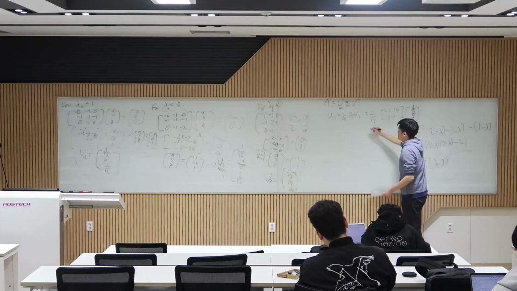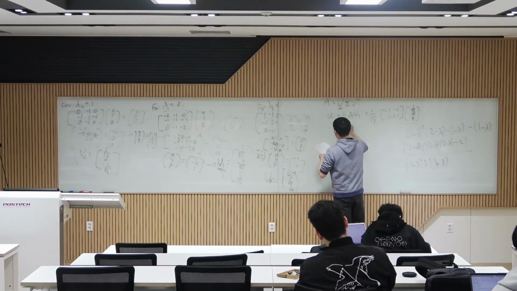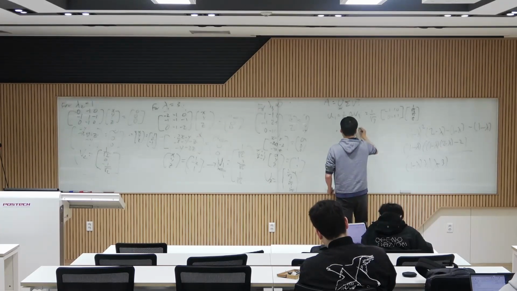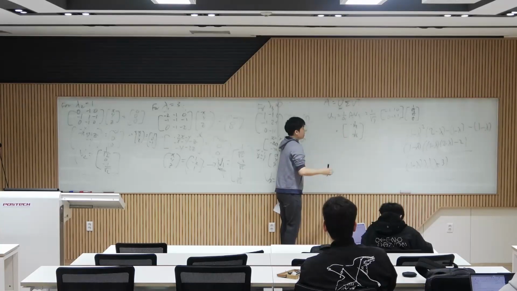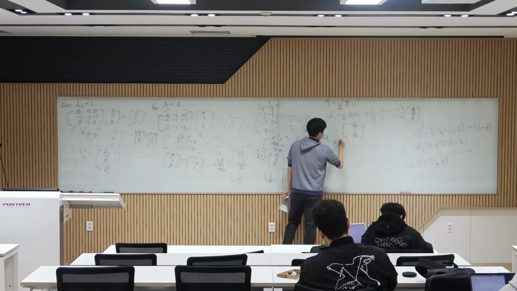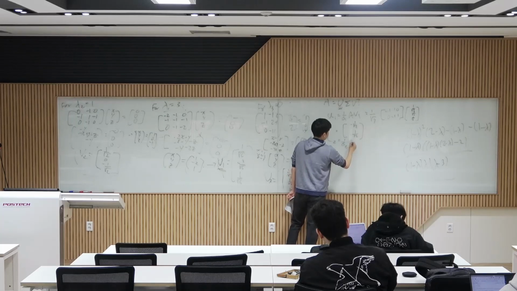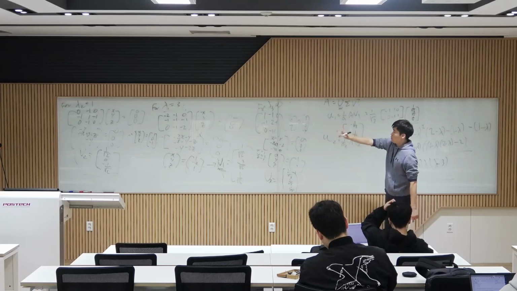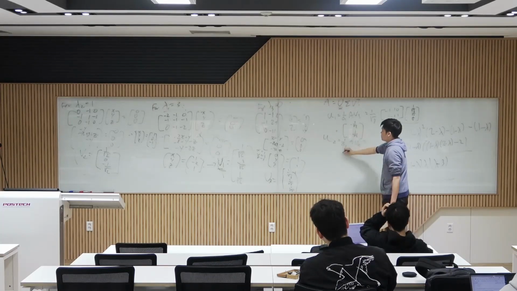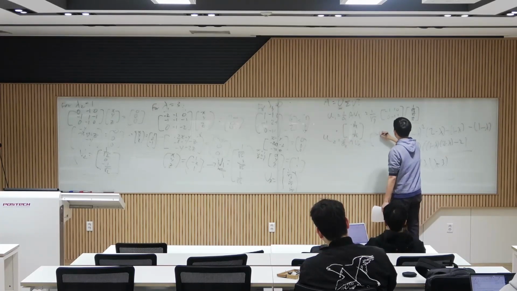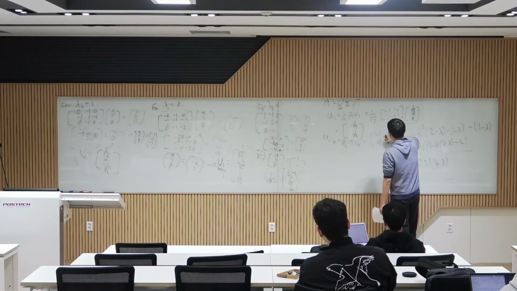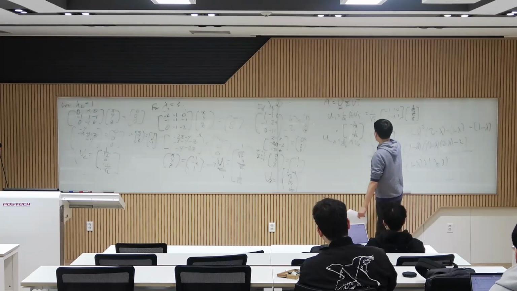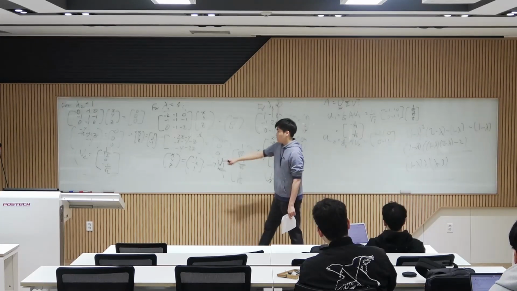If we compute this matrix, this gives us U1. Using the same methodology, U2 is 1 over sigma 2 times A V2. Sigma 2 is just 1, so we ignore that part, and V2 is written here.